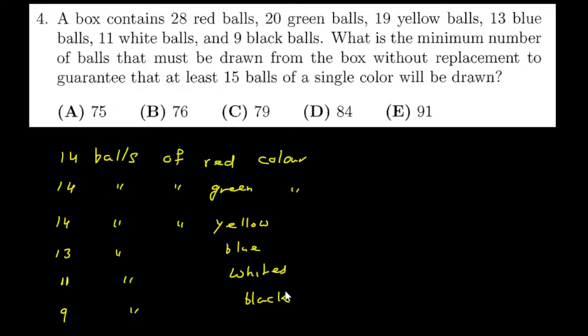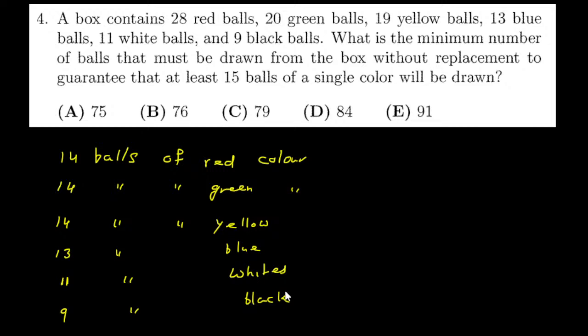Okay, now if you draw all these balls, then the next ball you draw will be either red or green or yellow. If it is red, then you will get 15 red balls. If it is green, you will get 15 green balls.